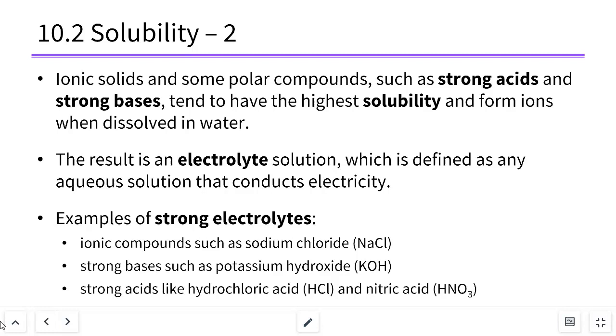In addition to those, anything that is a strong base or a strong acid will also break apart and form ions in solutions. And so it is the ionic compounds, the strong acids, and the strong bases that make up what we would call strong electrolyte solutions.